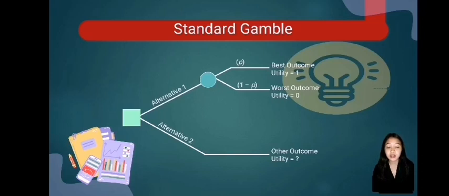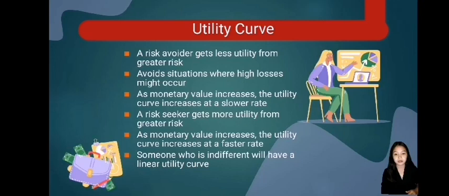So the utility of the other outcome can be calculated using the formula P times 1 plus 1 minus P times 0. A utility curve is a graph that plots utility value versus monetary value.